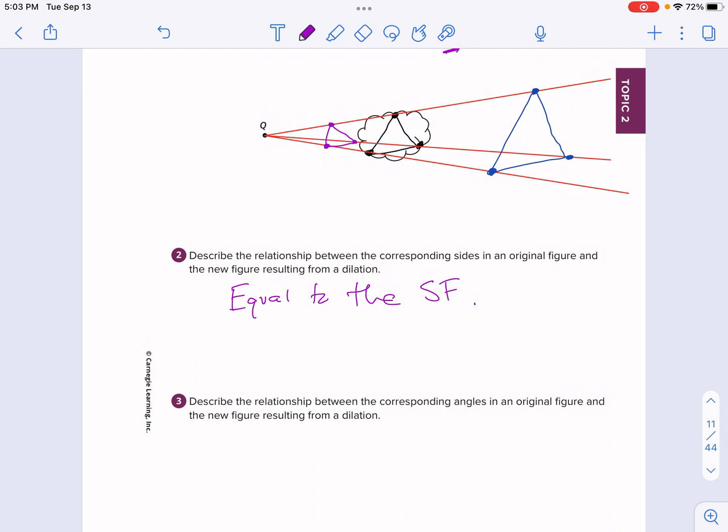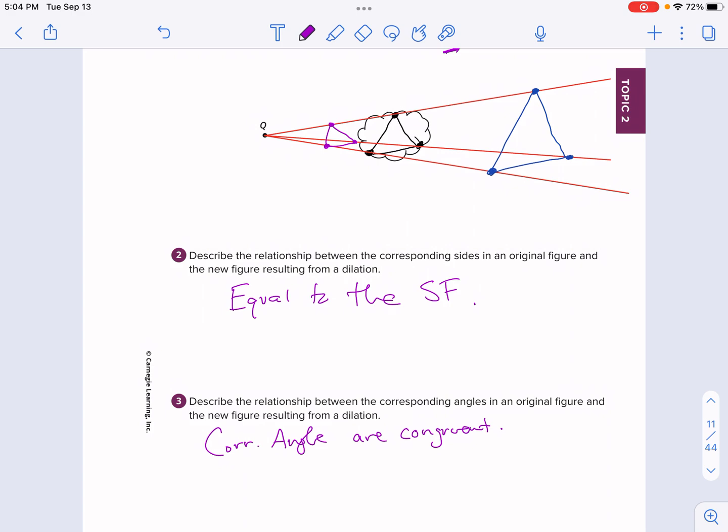You'll multiply it or divide it. Number 3, describe the relationship between the corresponding angles. We just said that the corresponding angles of similar figures are congruent. Okay. We're going to leave it there.